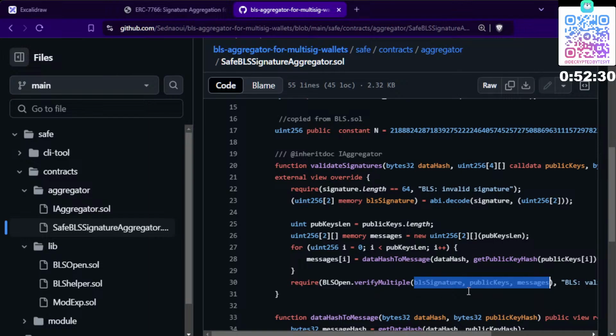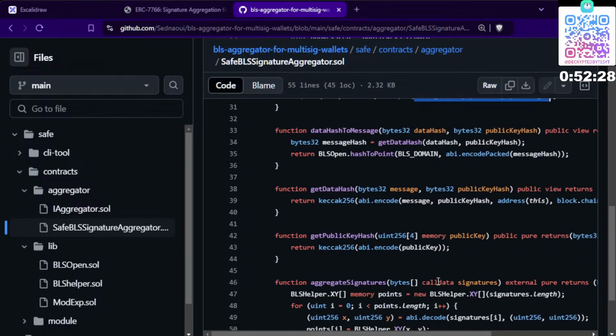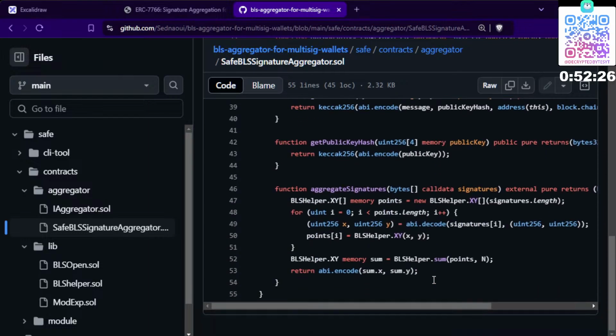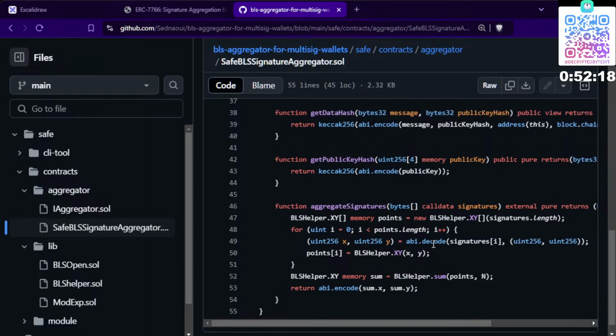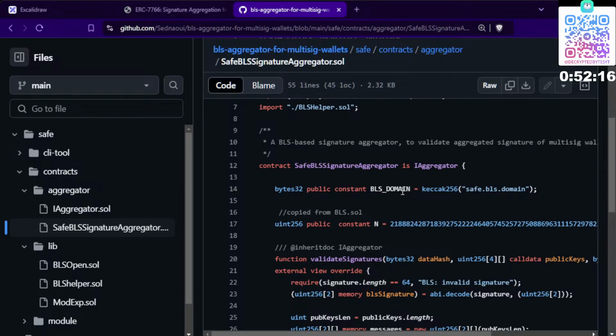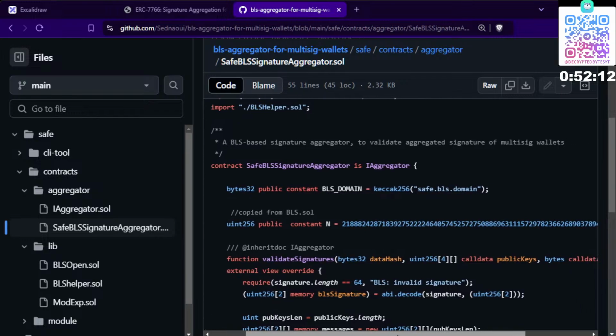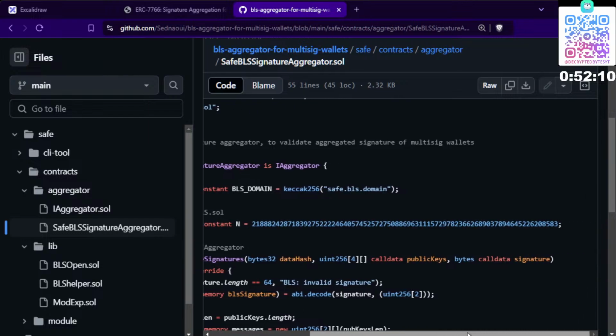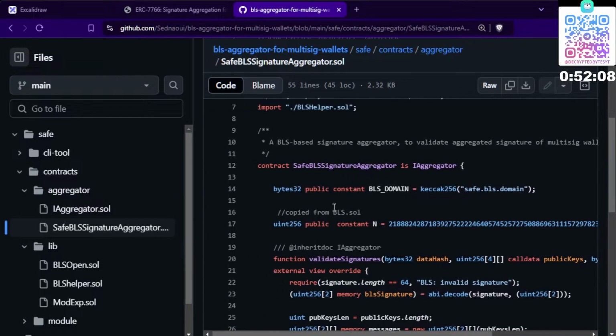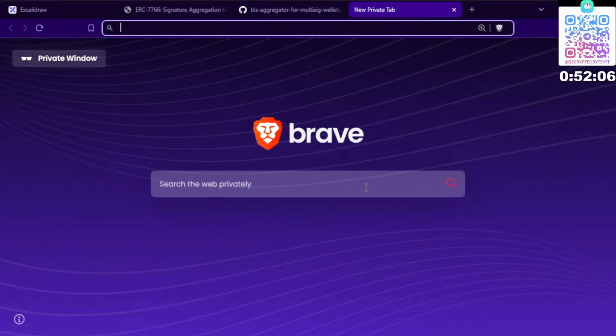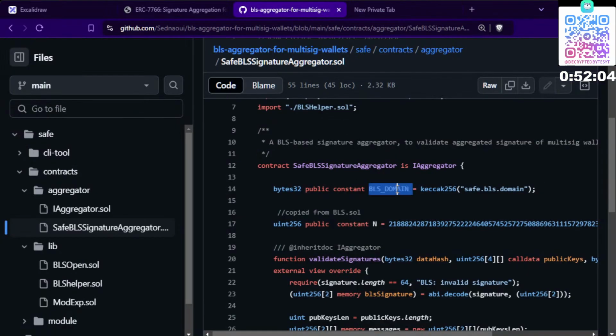Are you doing this here? Aggregate. Okay, domain. We found the domain. This is the domain.